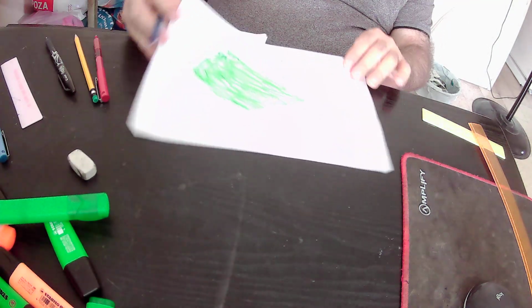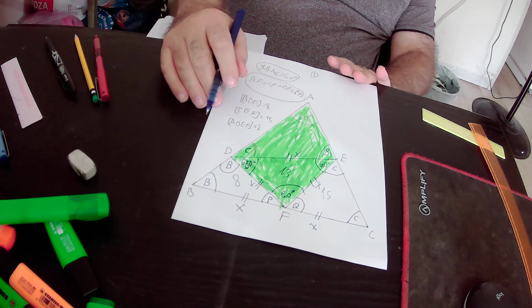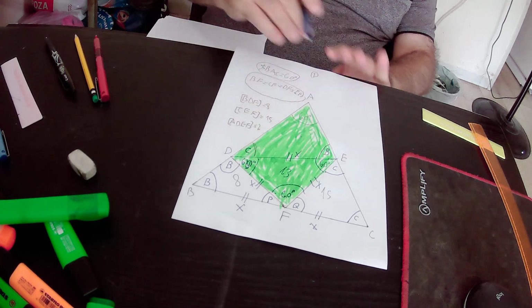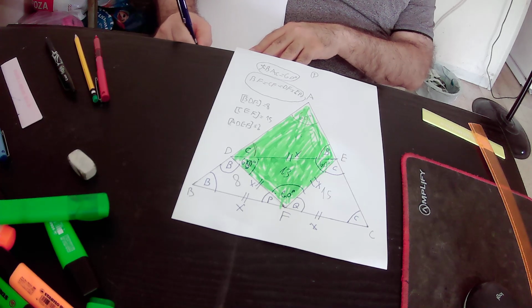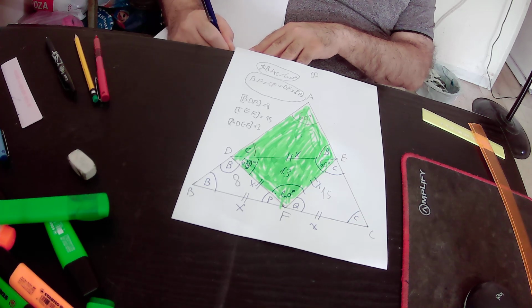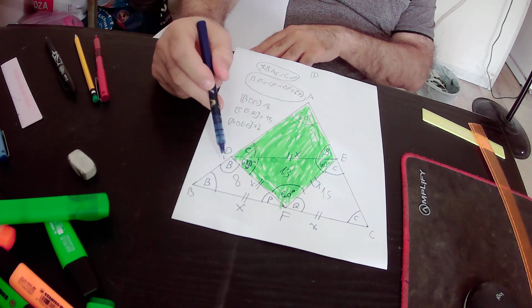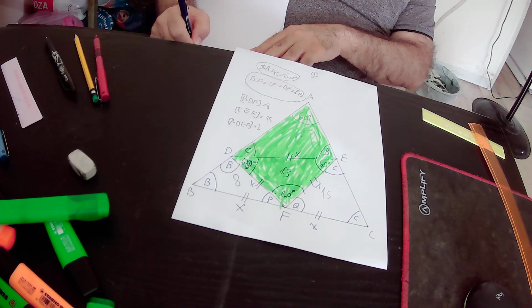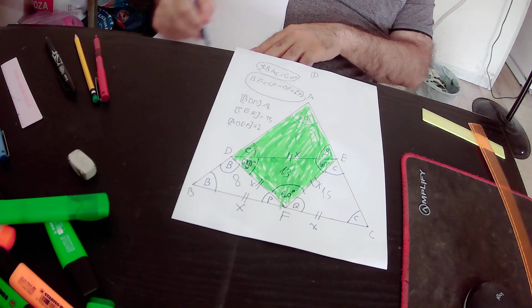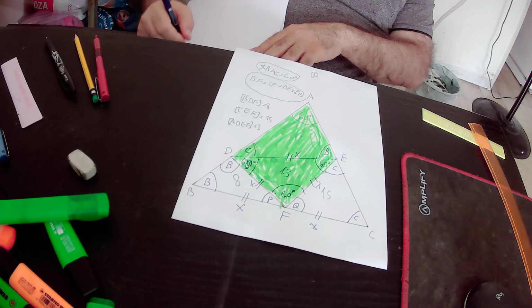So now we can find the area of the quadrilateral BDEC. The area of the quadrilateral BDEC will equal the area of triangle DBF, that is 8 square units, plus the area of the equilateral triangle, that is 13 square units, plus the area of triangle EFC, that is 15 square units.